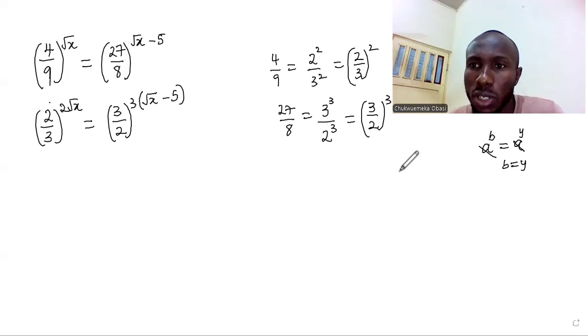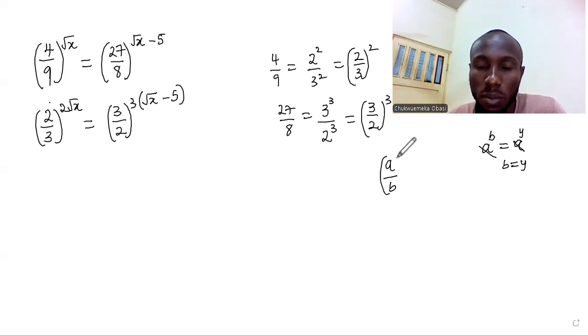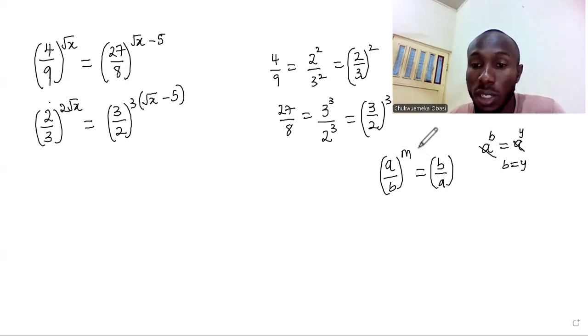But let me show you the principle of inverting the base of an exponent. If I have a over b to the power m, and I want to invert the base to, say, b over a, whenever I do this, the exponent will become negative.